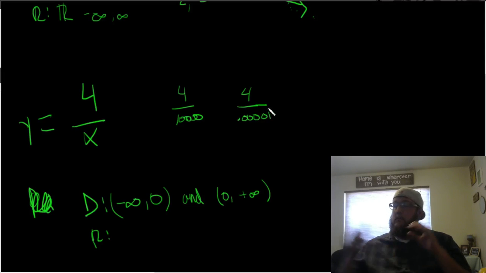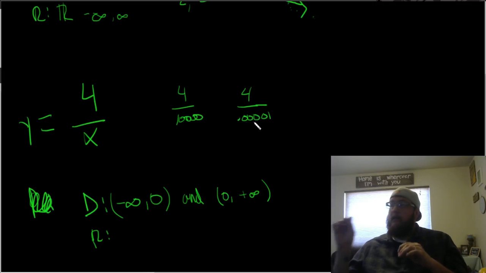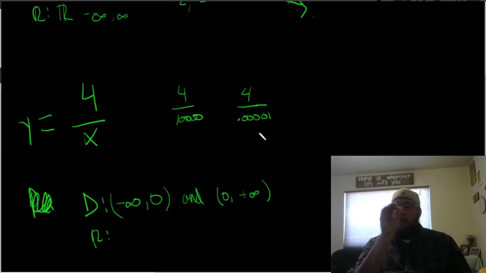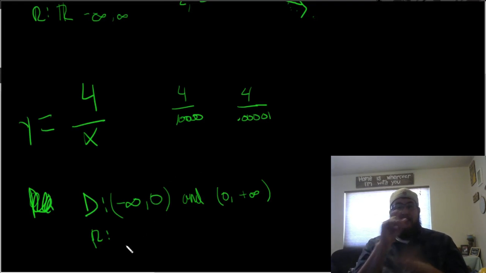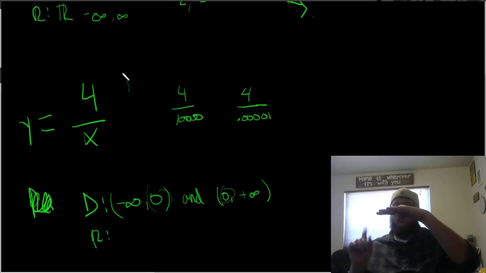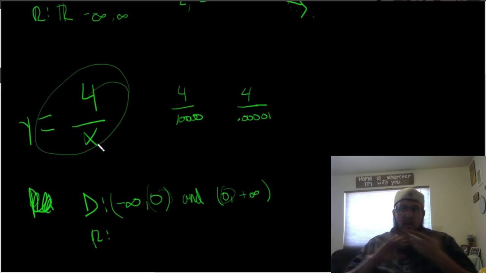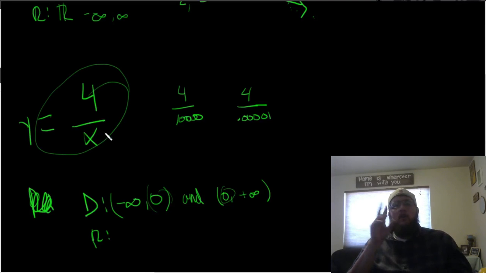That's going to be a huge number. But the thing is, we can never get to 0. So our range, again, would have an issue, just like our domain, where it can never get to 0. This isn't going to be on your test, but it's important to think about what answers you can get as your range, and what values you can plug in as your domain.